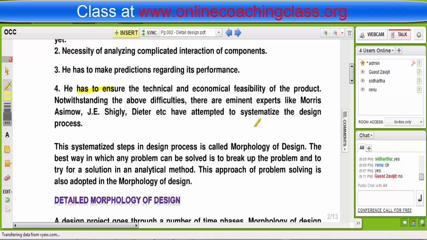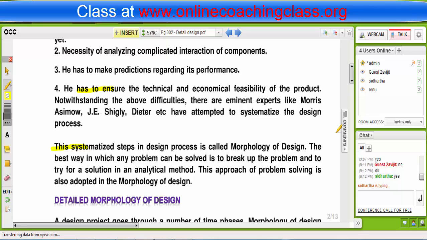And this systematic process, or you may call it the proper way, is called morphology of design. Is it clear what the morphology of design is? See here, this systemized step in the design process is called morphology of design.